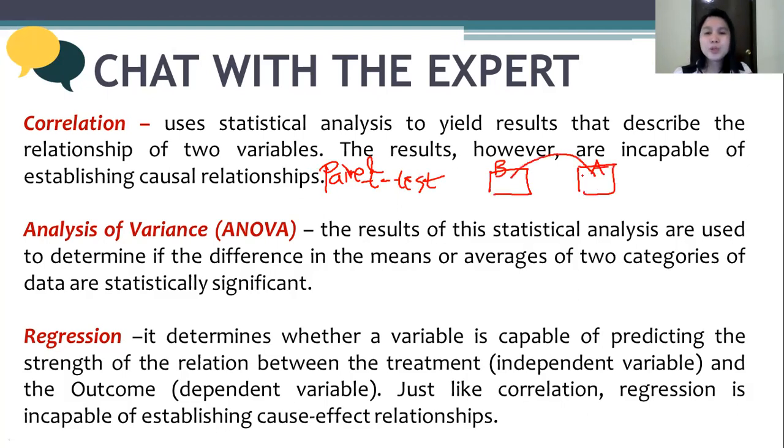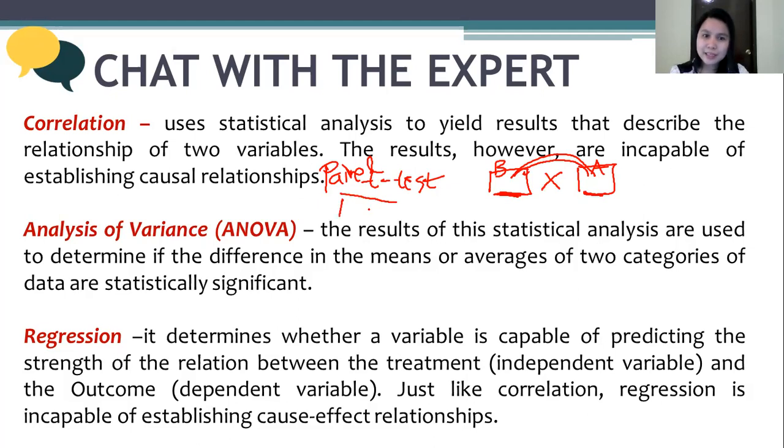Example, your study will be the effects of lemon juice on weight loss. How do you know it's effective? Weigh before, then drink lemon juice, then weigh after. So we compare our mass before and after. If we do that, then it's paired t-test.